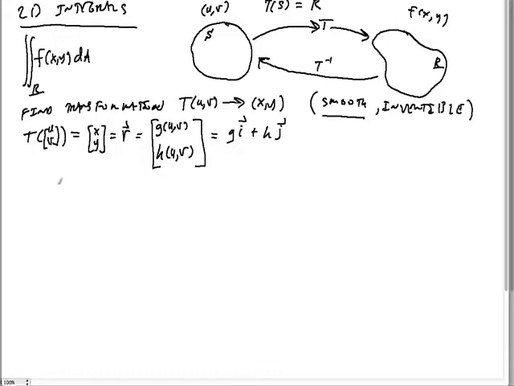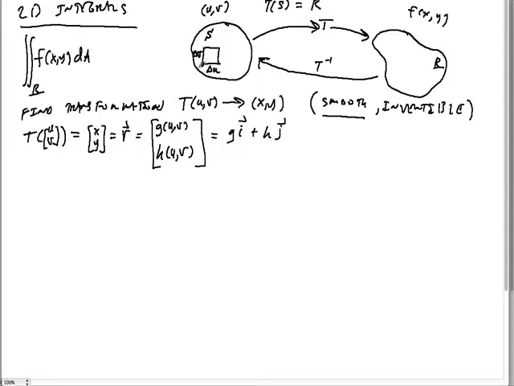Now what we want to do is find a way to do the same thing we did with our change of variables in 1D. When we change to uv, there might be some dilation of our intervals. So we have some little area element, delta u by delta v.